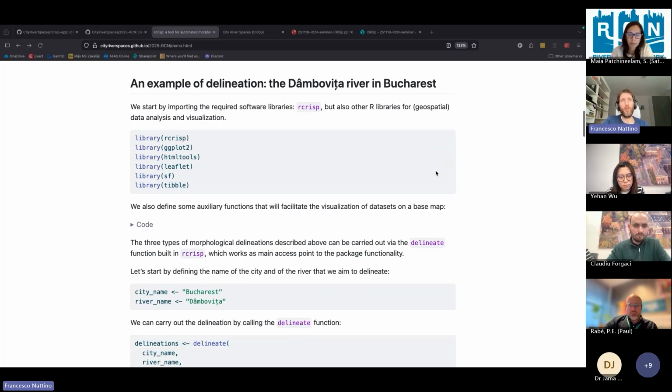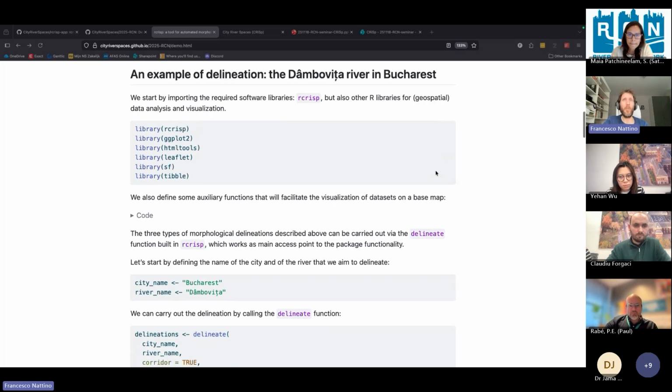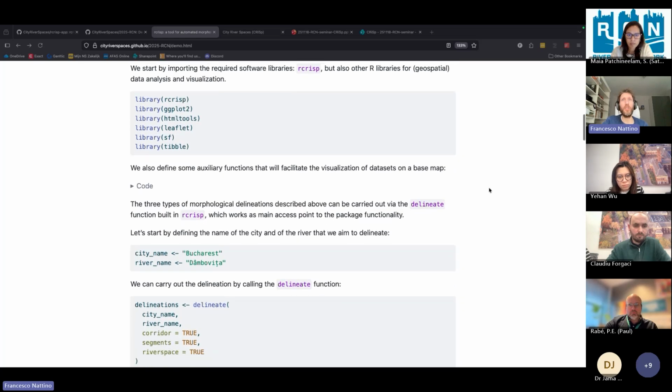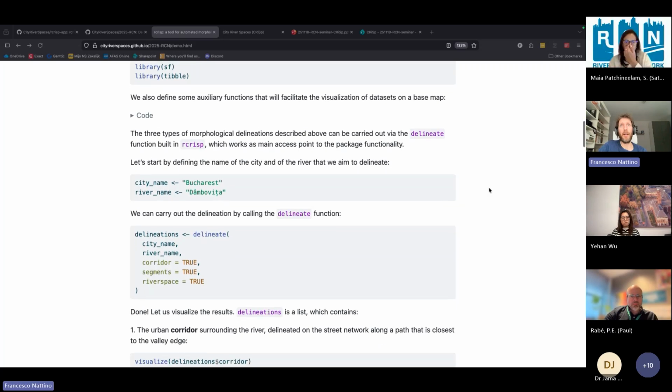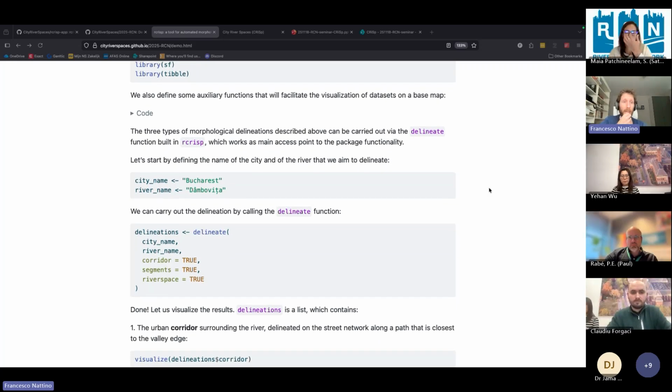From then, we move on to the main access point of Rcrisp, which is the delineate function. So this is, as I said, the main entry point to our software package that carries out all the delineation over all the units that we have discussed above. So the corridor, the segments, and the river space. So what we're doing here is to define our study case area, which is defined by a city name and a river name.